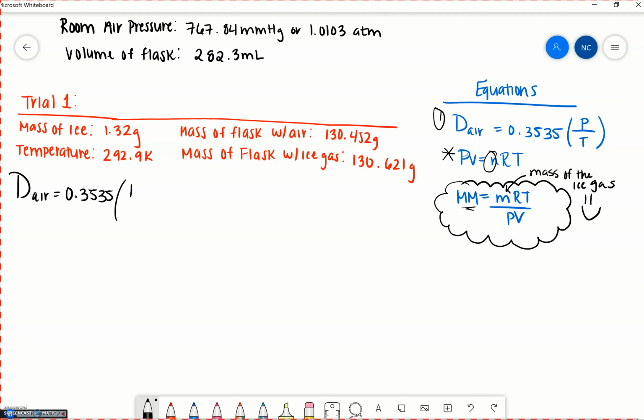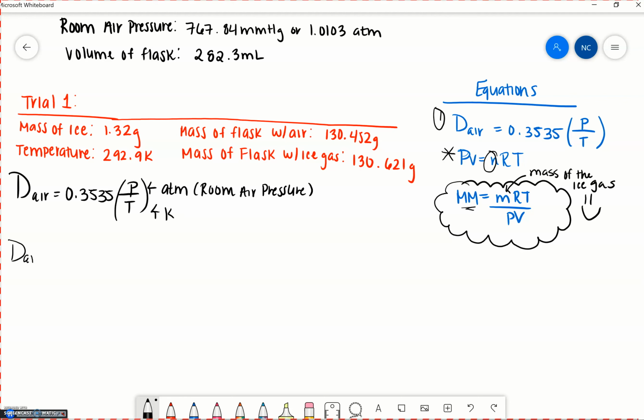So density of air equals 0.3535 times pressure over temperature. The pressure should be in atmospheres, and I already converted it for you. You're going to look at the room air pressure. Temperature is in Kelvin, and that is in trial 1.